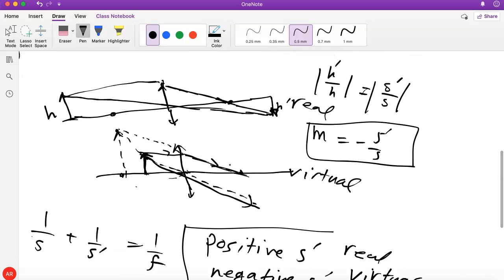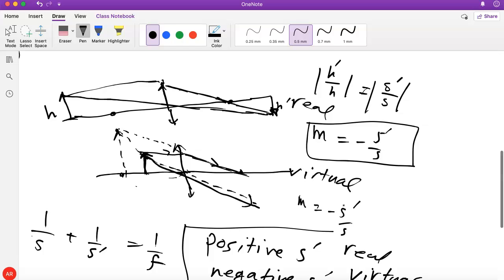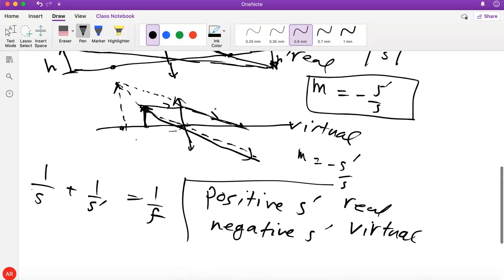Whereas in this case, if you construct minus s prime over s, s prime is negative, s is positive, this is a positive number. Again, taking the absolute value of m and multiplying it by the size of the object gives you the size of the image. And because m is positive, it tells you that the image is not inverted.